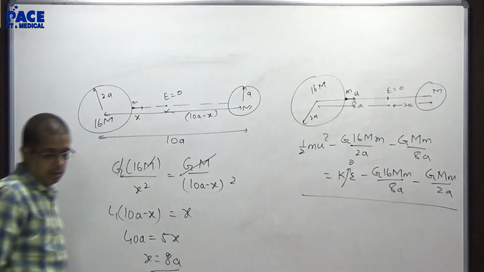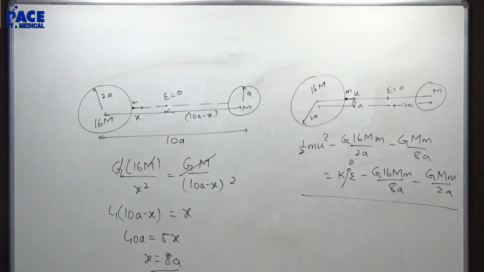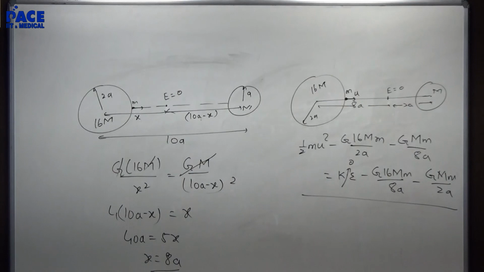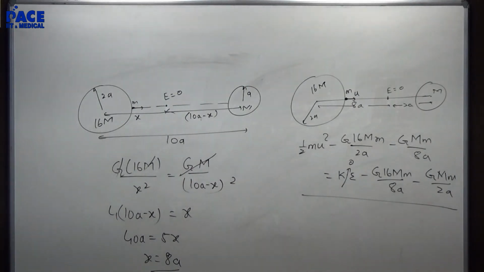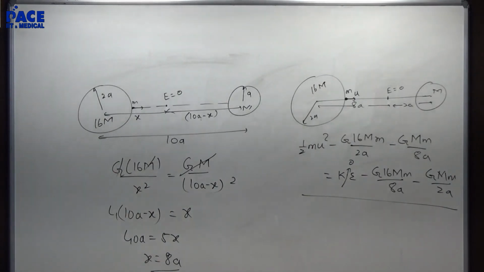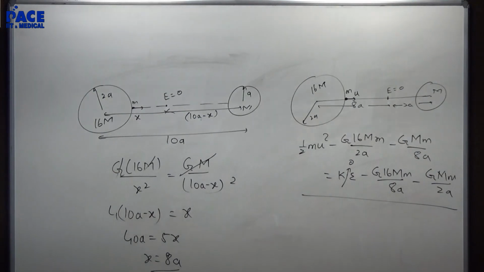Take this down, I'll drop the book. Okay. RQ by GM may be right. I don't know the answer. RQ by GM, taking the center of mass also, the same thing is coming. Coincidence or something?